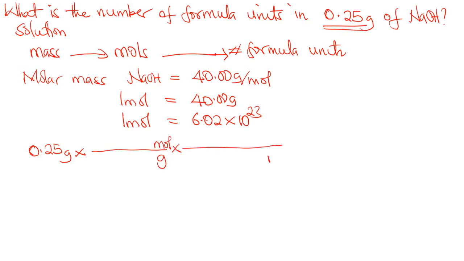We need to have moles here, and then units here, formula units. So we just need to put our conversions there. Gram goes with 40.00. The mole goes with 1. Here, mole goes with 1. Units. So this is units. Units goes with 6.02 times 10 to the power 23.